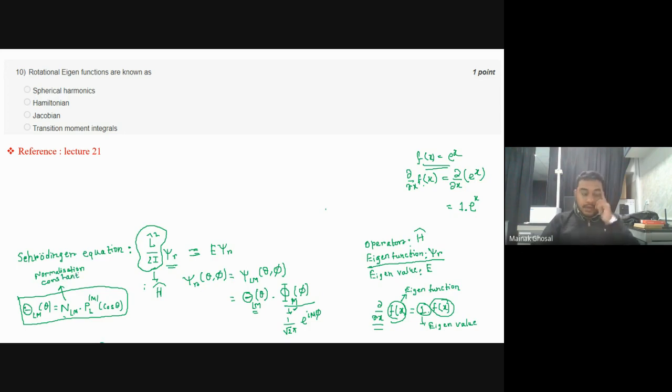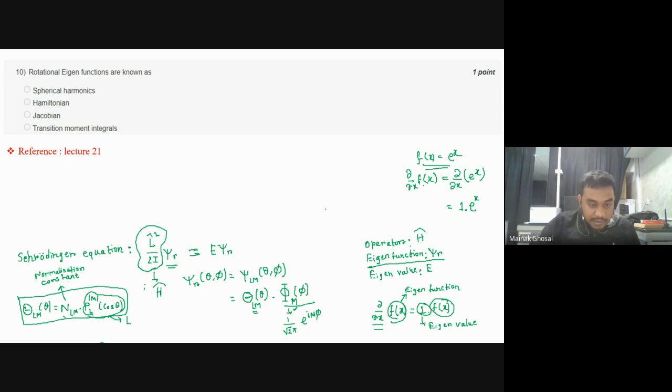And this part, P L M of cos theta, is a polynomial function. It has the form of cos theta, and you just need to put in the L and M values.